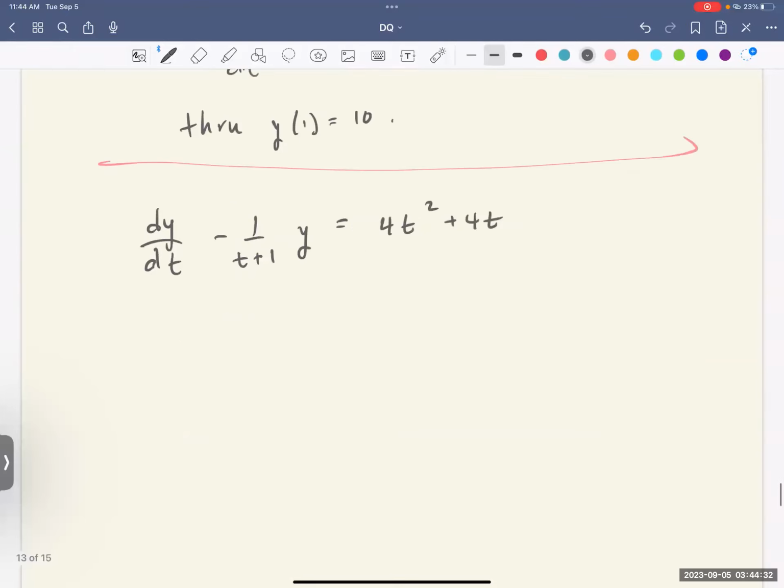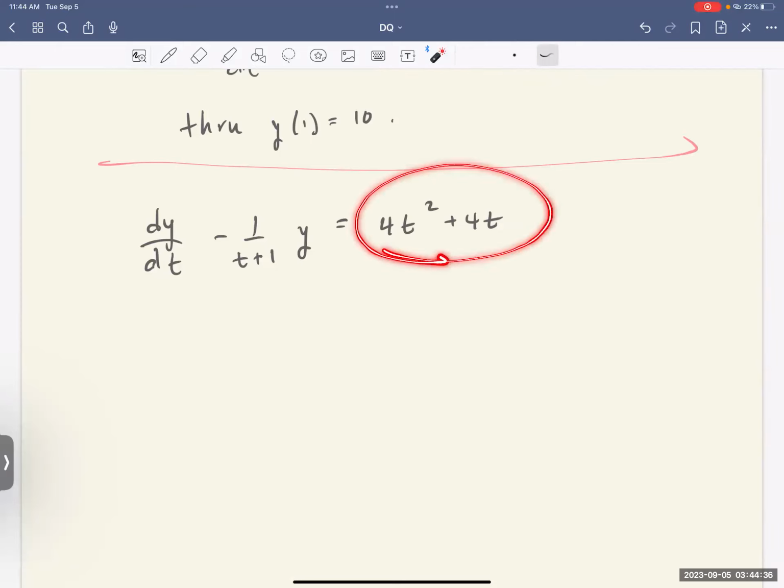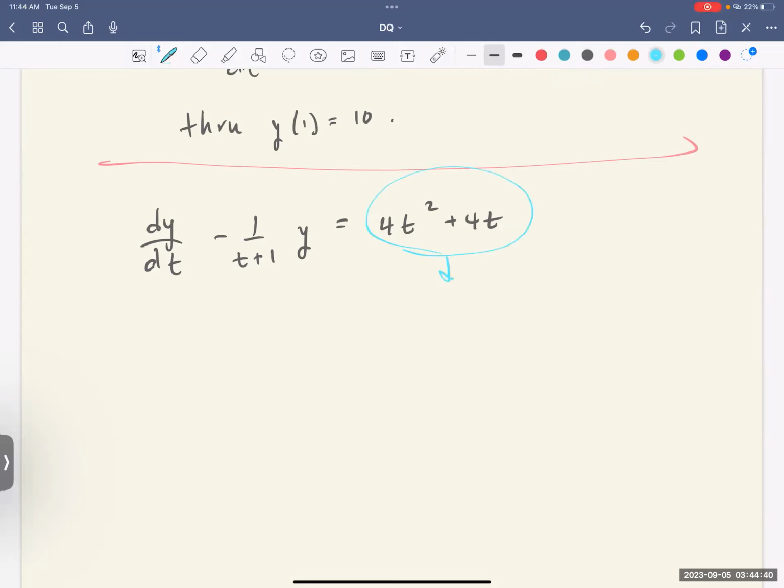Then find your interval. We're looking at this. So that's our f of t. It's continuous on all values t, negative infinity to infinity.